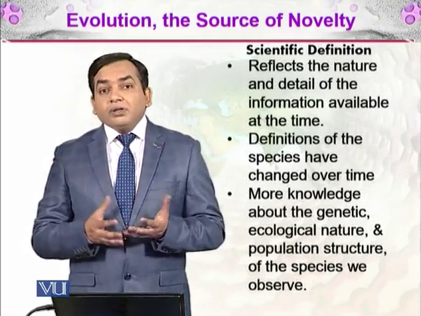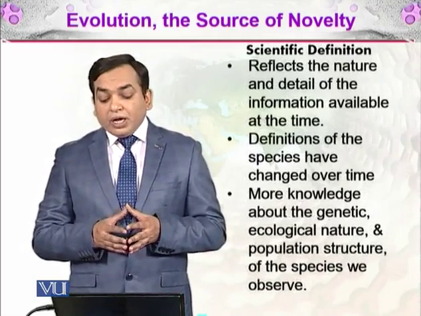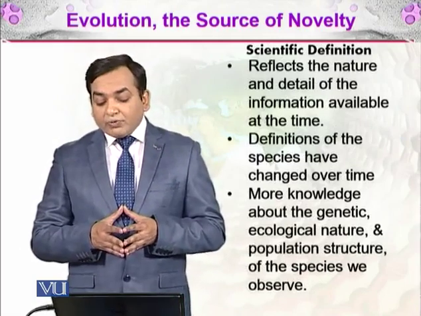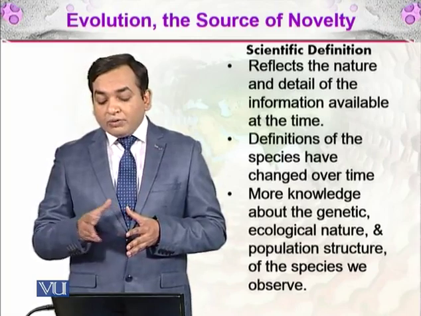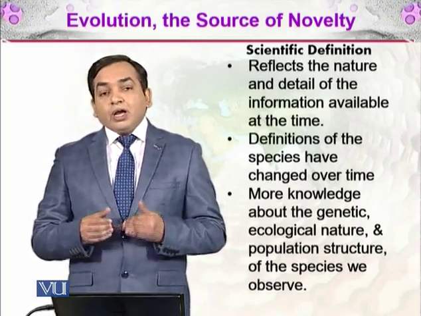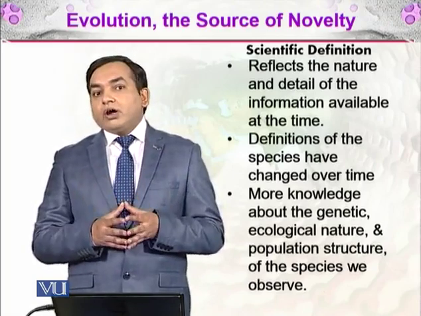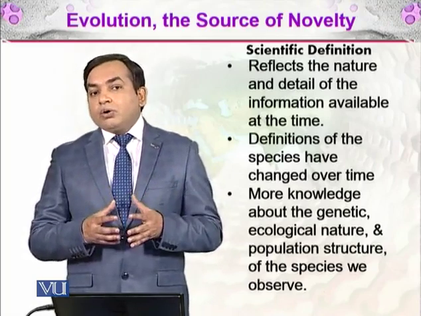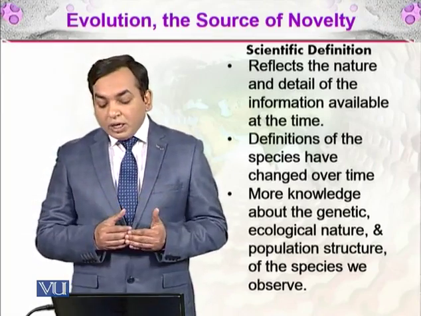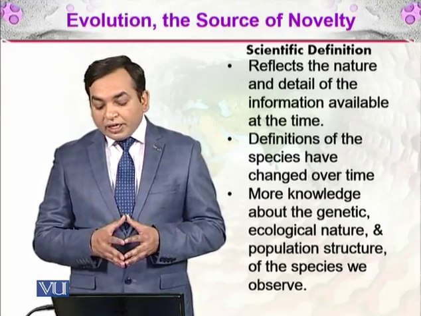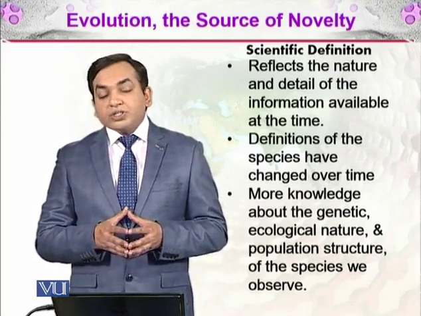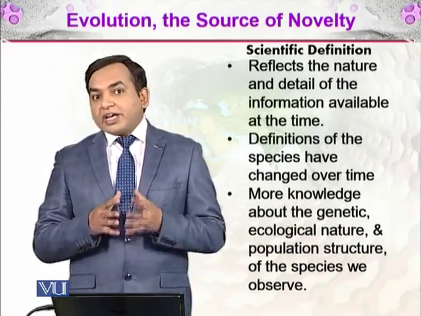A scientific definition reflects the nature and detail of the information available at the time. Across the whole history of the species concept, our knowledge about the genetic, ecological nature, and population structure of organisms has changed.